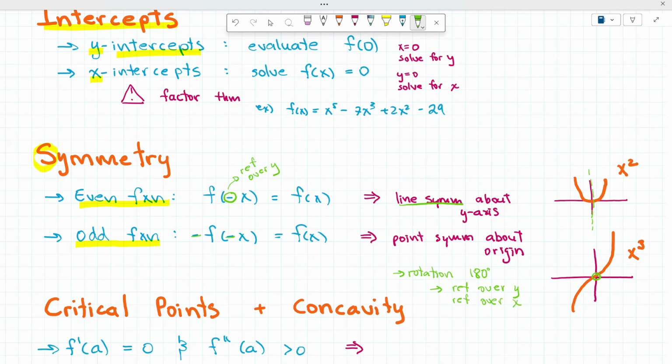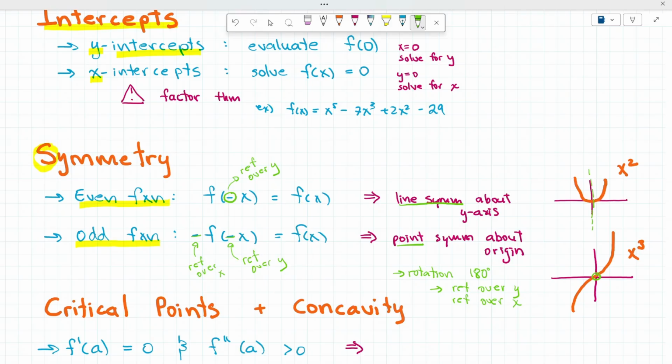That is mathematically equivalent. And looking back to our transformations, here you can see that a negative in front of f is a reflection over x, and like we said, a negative within the bracket in front of x is a reflection over y.